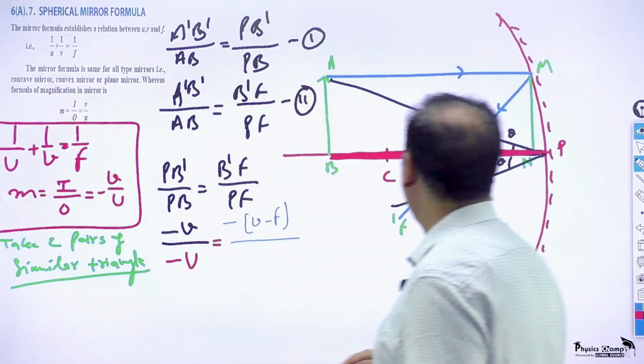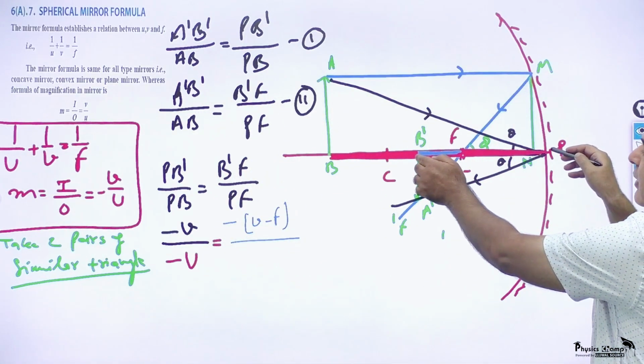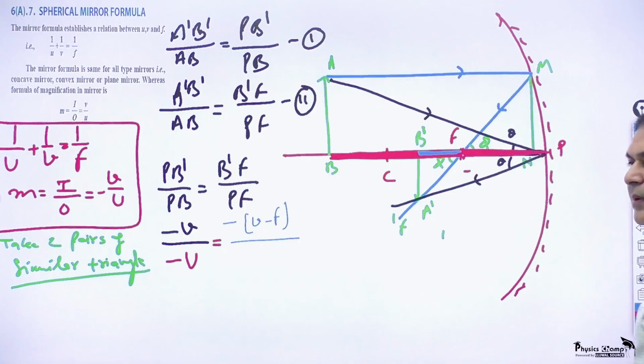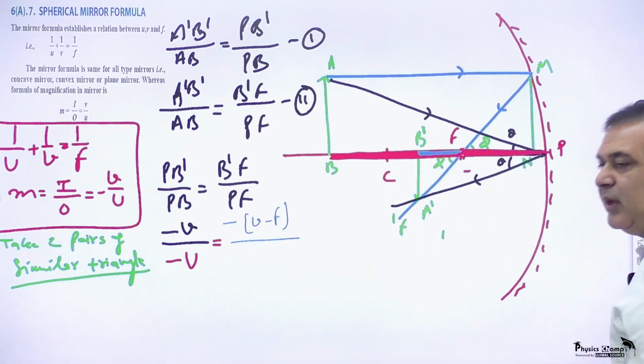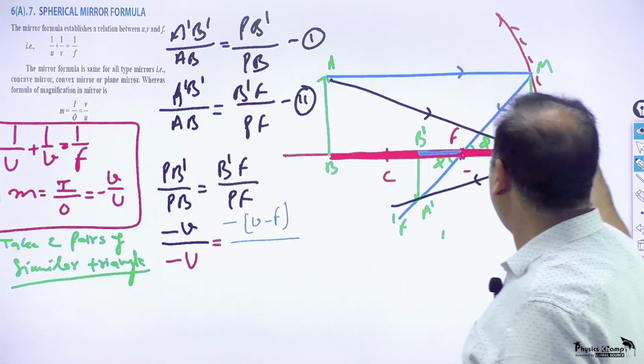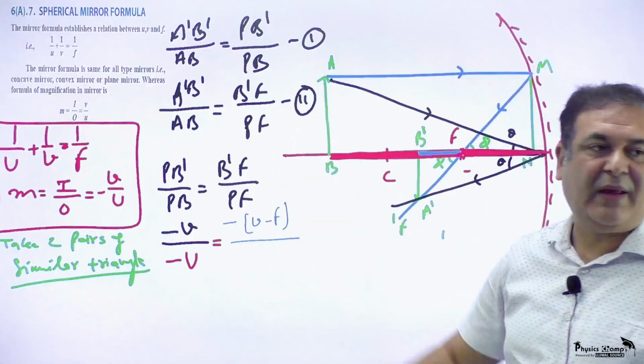Because it is minus V minus F. Both are already negative. So magnitude wise it is V minus F and both are towards the left side. From the pole, moving opposite to the incident ray, both have a negative sign.